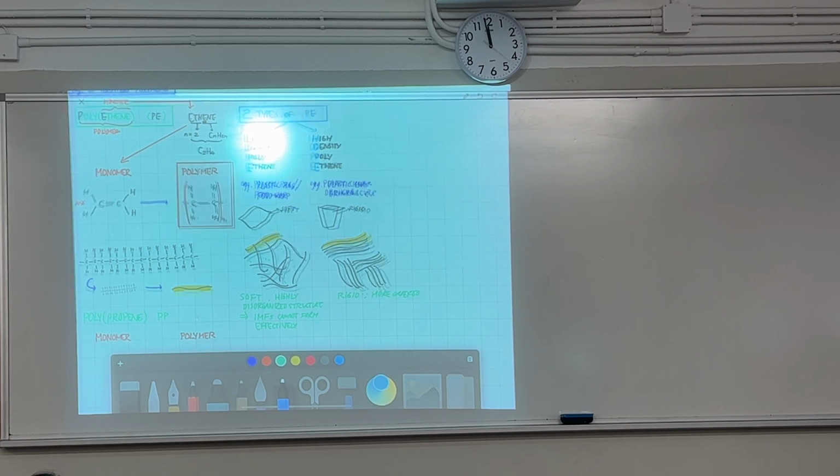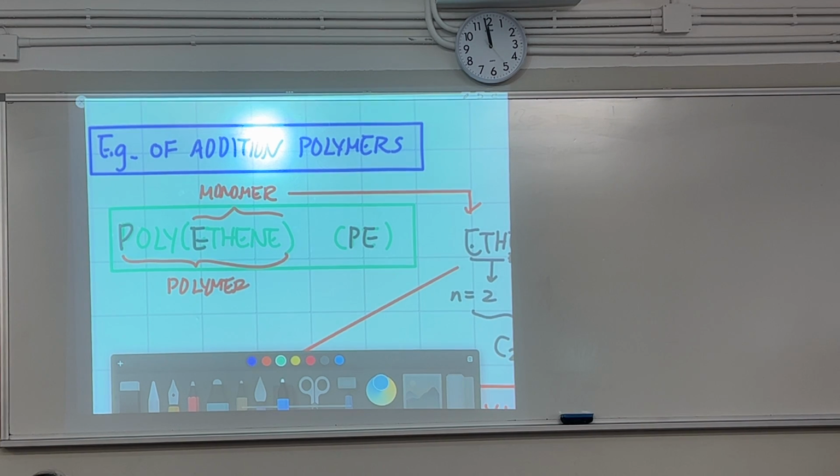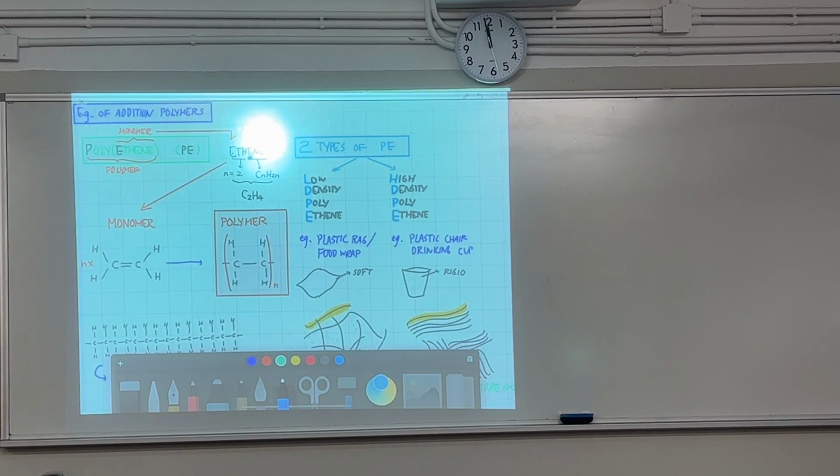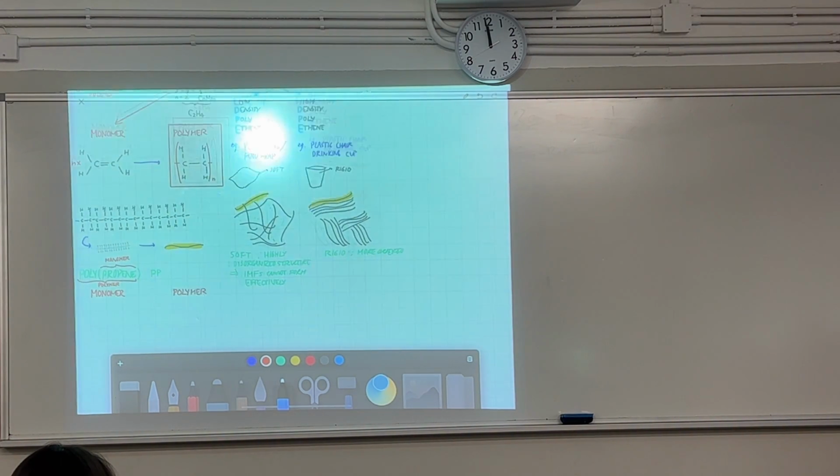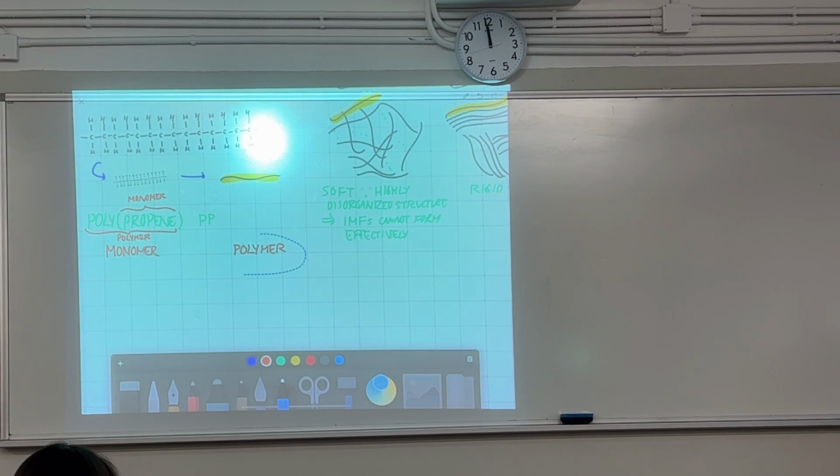And remember what we write inside the bracket is actually the monomer, and the whole thing, polyethylene, is the polymer. So we can do the same thing here. What is inside this bracket? This is the monomer. And the whole thing, polypropene, we call it the polymer. Which means the monomer here is propene.